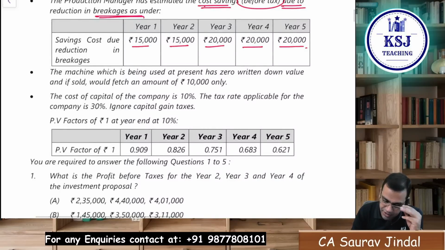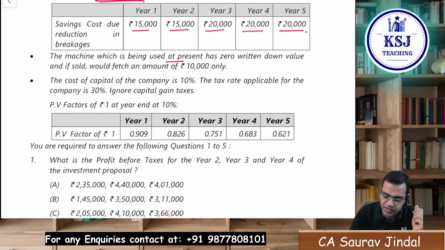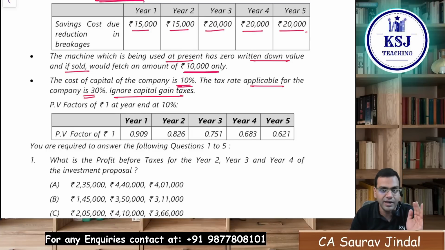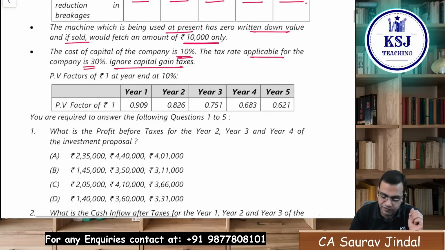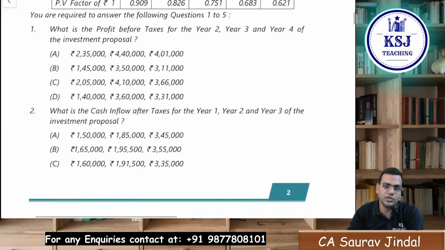The machine which is being used at present has zero written down value, and if sold would fetch an amount of only 10,000. The cost of capital of the company is 10%. The tax rate applicable is 30%. Ignore capital gain tax. The present value factor of rupee 1 at the end of the year at 10% is given to you.